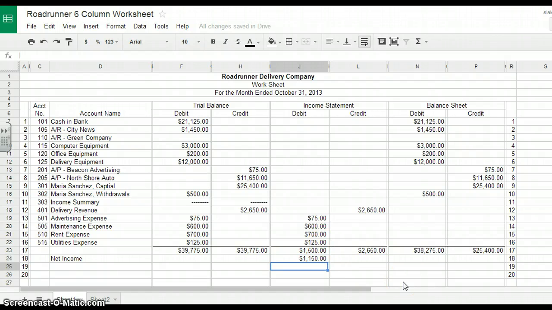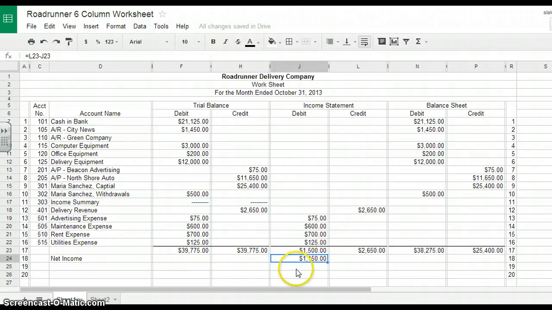So what I came up with is that I have $1,150 worth of net income, right? My revenue is greater than my expenses. Okay? If my expenses were greater than my revenue, I would have a net loss, and my net loss would be in the credit column of my income statement. But since I made money, I have net income, we're going to put that in the debit section.